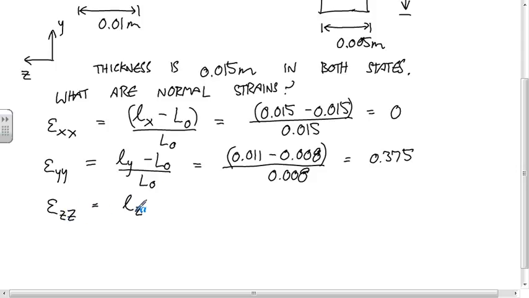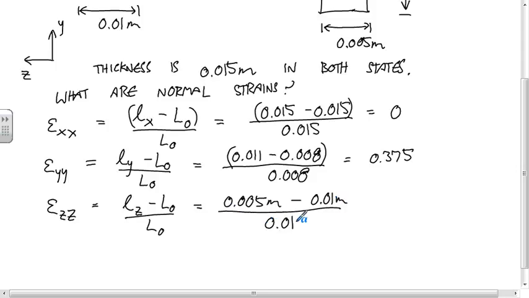So we have Lz minus L0 over L0. So what is the final z length? Yep, 0.005. Before the deformation, 0.01. Divide by the length before the deformation. And you get negative 0.5.